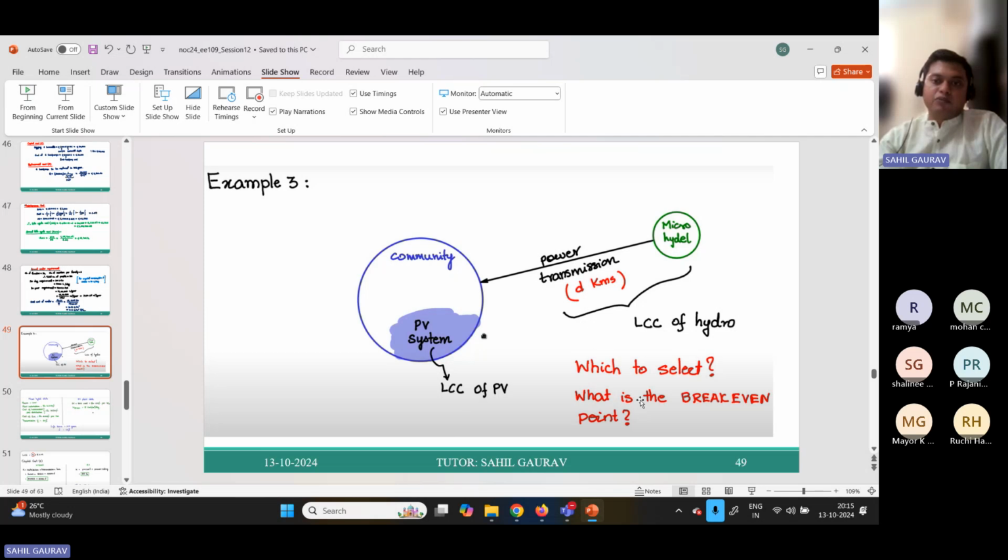So what is the break even point, such that this microhydel plant investment and this PV system installation investment will be the same. So you have to find the D. That means beyond that distance, this microhydel project will be more expensive than this PV system installation.